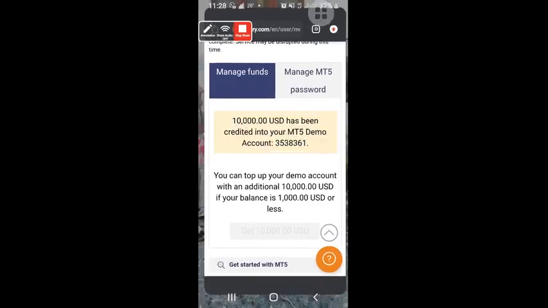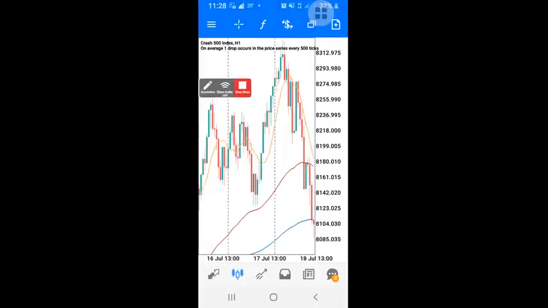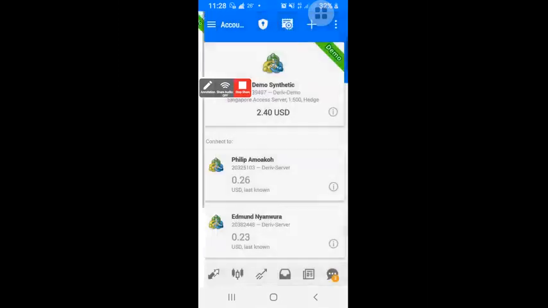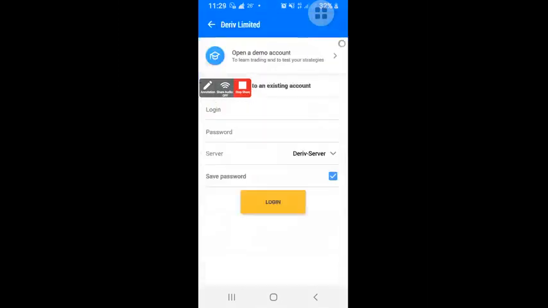All right. So go to your MetaTrader. Click on the menu. Add account. Type your password.